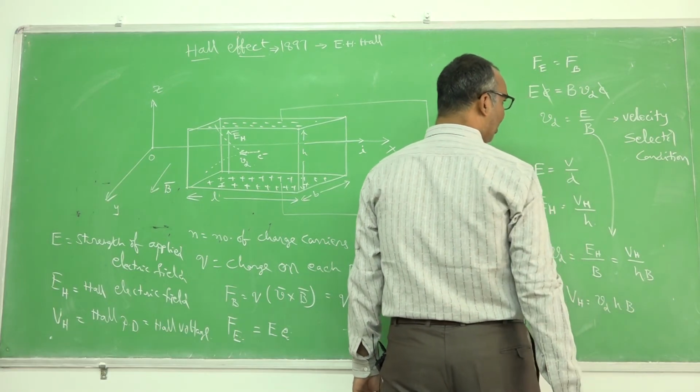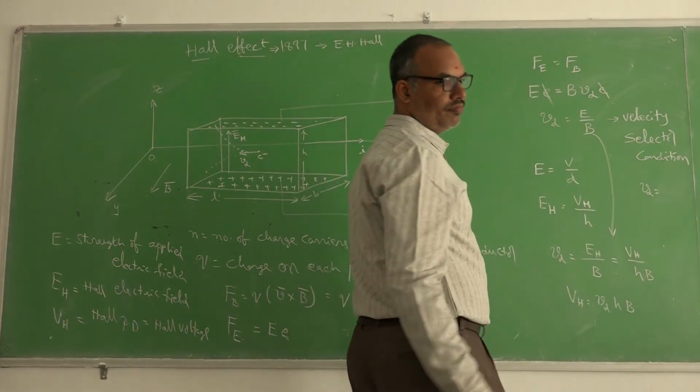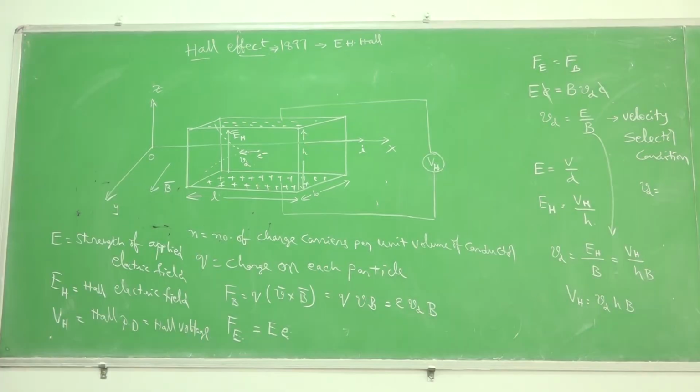You already calculated drift speed. We already know that drift velocity is given by J by Ne.